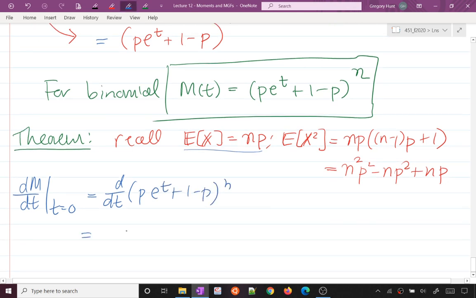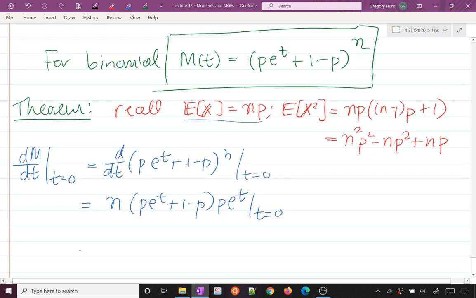I got a little chain rule action going on here. n times (pe^t + 1 - p), and then you take the derivative of the inner, which should just give me pe^t. That seems right. And I want to evaluate this at t equals 0.